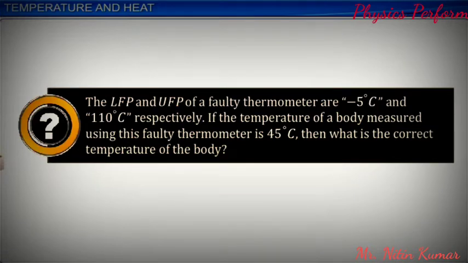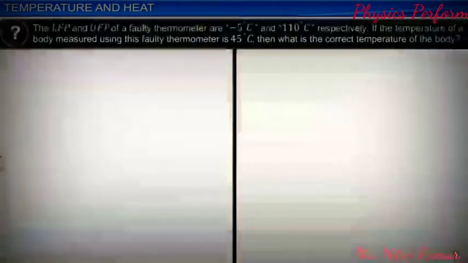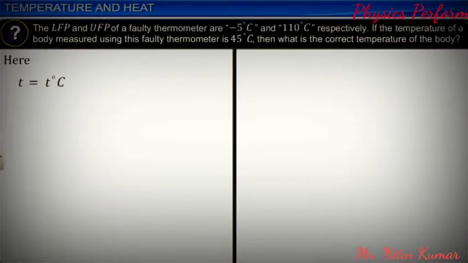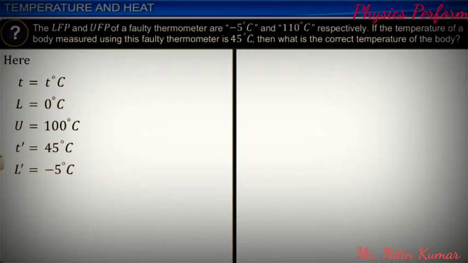If the temperature of a body measured using this faulty thermometer is 45 degrees Celsius, then what is the correct temperature of the body? Here, T is equal to T degrees Celsius, L is equal to 0 degrees Celsius, U is equal to 100 degrees Celsius, T dash is equal to 45 degrees Celsius, L dash is equal to minus 5 degrees Celsius, U dash is equal to 110 degrees Celsius.